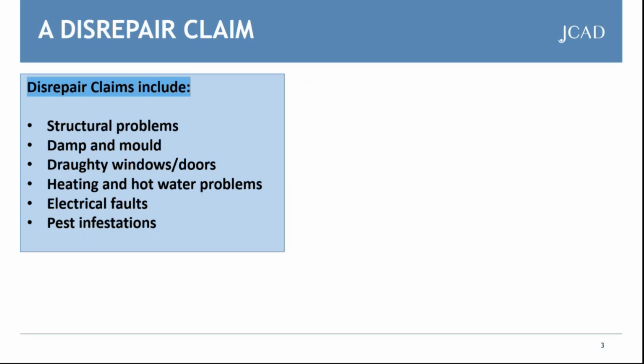It can be drafty windows or doors, such as broken seals or faulty locks. Heating and hot water problems, such as faulty boilers, lack of hot water for any other reason, or leaks within the water system. We've got electrical faults, such as unsafe wiring or faulty appliances, if they're included in the tenancy, and pest infestation, so rats, mice, things like that.